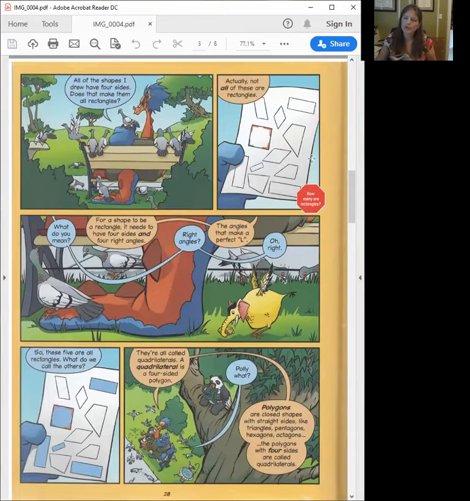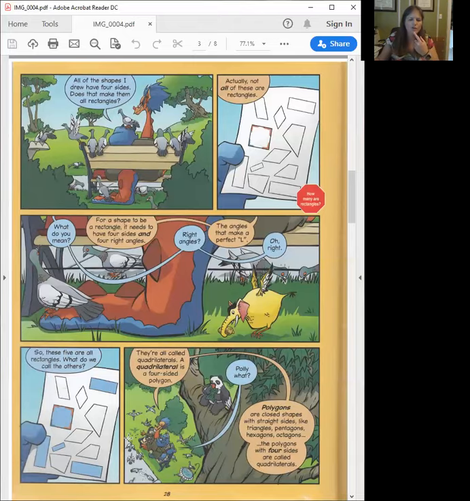Four sides and four right angles. What do you mean? For a shape to be a rectangle, it needs to have four sides and four right angles. Right angles? The angle that makes a perfect L? Oh, right. So these five are all rectangles.